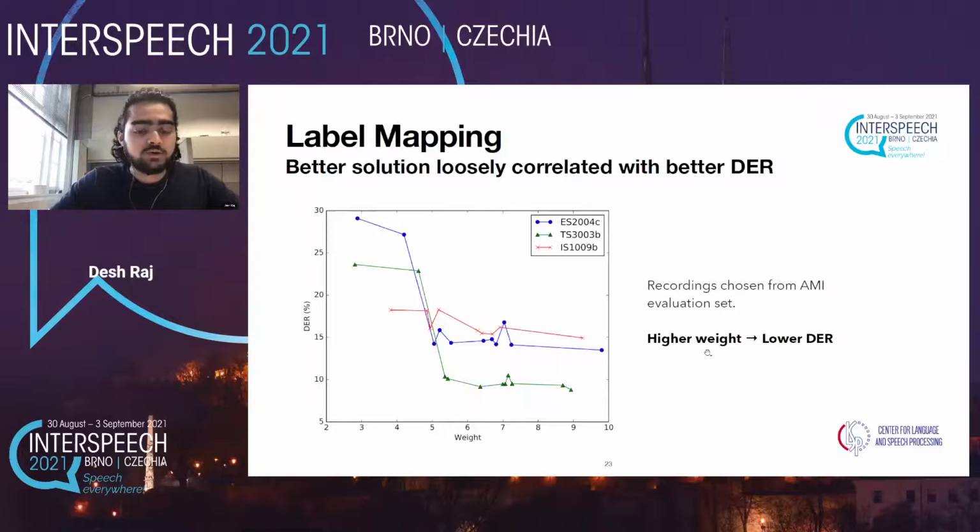So as we go on having higher weight, we also result in a lower diarization error rate. And this is shown on some recordings obtained from the AMI evaluation set. So this justifies the formulation of this problem in graph partitioning terms.